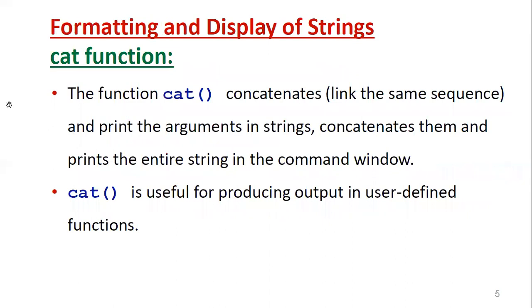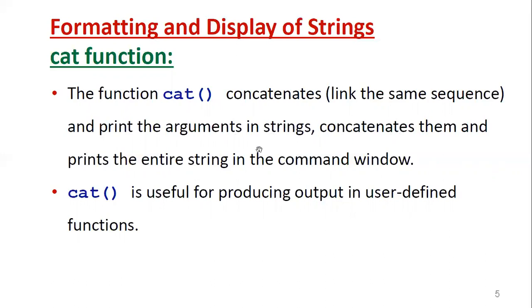Then coming to our actual cat function. The function cat is defined as cat within parentheses. Concatenate means to link the same sequence and print the arguments as strings. It concatenates them and prints the entire string in the command window.